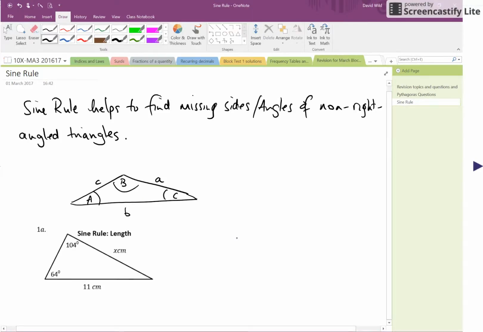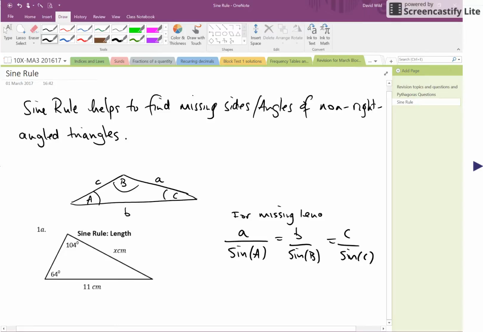To do that, we remember that a over the sine of angle A is b over the sine of angle B, which is c over the sine of angle C. So this is for missing lengths. Whatever we're trying to find, if we're finding a missing length, then our lengths go on the numerator of this formula.